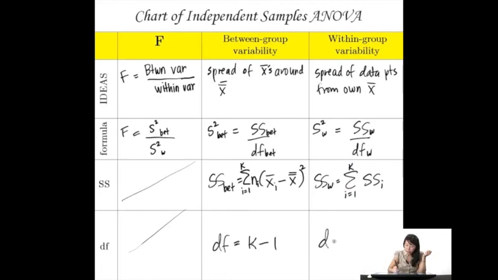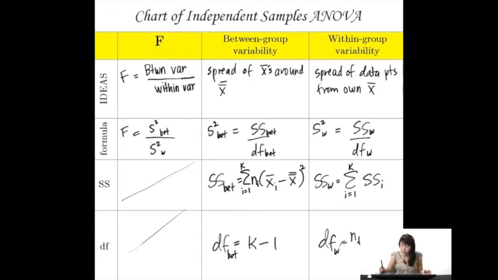And the degrees of freedom, sorry, I should put between and within. The degrees of freedom is really just this idea that you have all these data points, n total, minus however many means you found, because that's going to limit the degrees of freedom for those data points, and that's k.